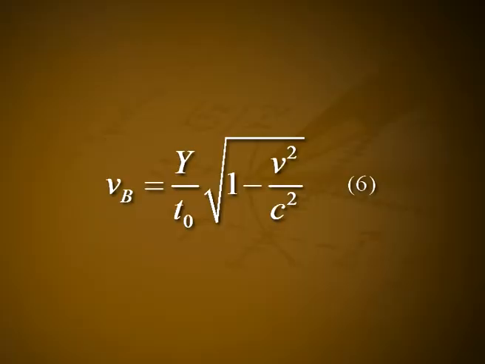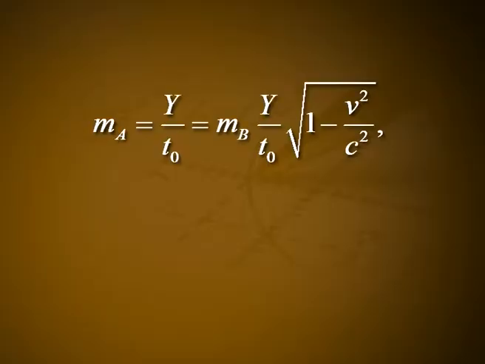Substituting the value of t in equation 4, we get vb is equal to y divided by t naught into square root of 1 minus v square by c square, let it be equation number 6. From equation 1, va is equal to y divided by t naught, let it be equation number 7.